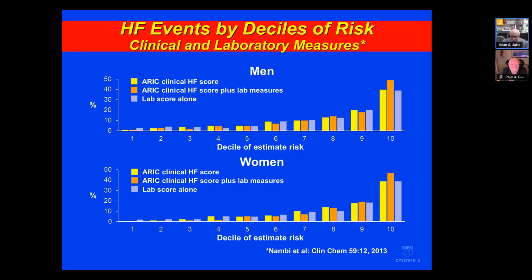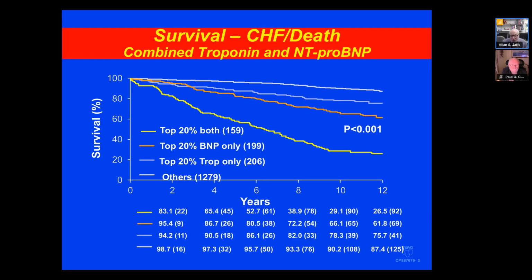We've done similar studies in Olmsted County, where we looked at the 80th percentile of BNP and a high-sensitivity troponin, again, to predict heart failure. And what you can see is when both were increased, one had a very substantial increment of heart failure. And when each one individually was increased, one also had a signal.